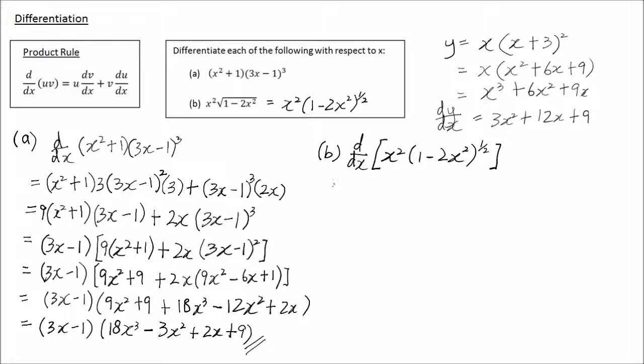So applying the formula again, let's leave this alone first, x squared. Differentiating this, bring down the half to the front of the bracket, copy down the bracket as it is, subtract 1 from the power.